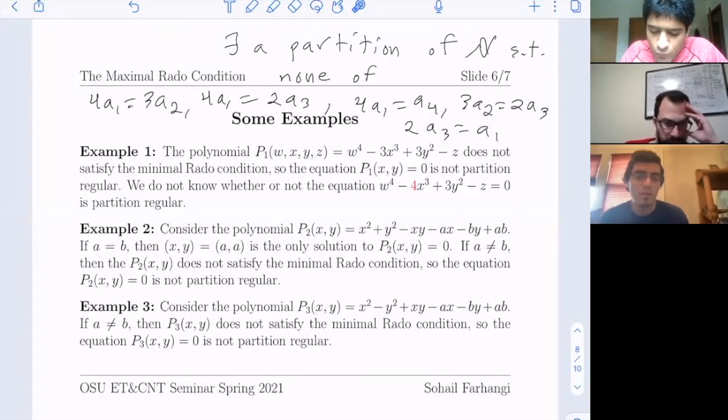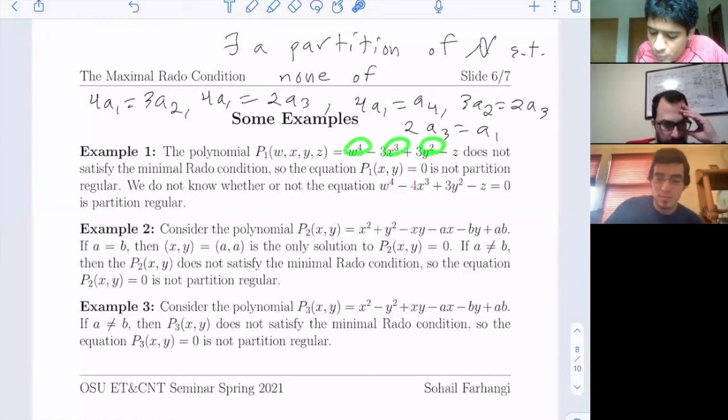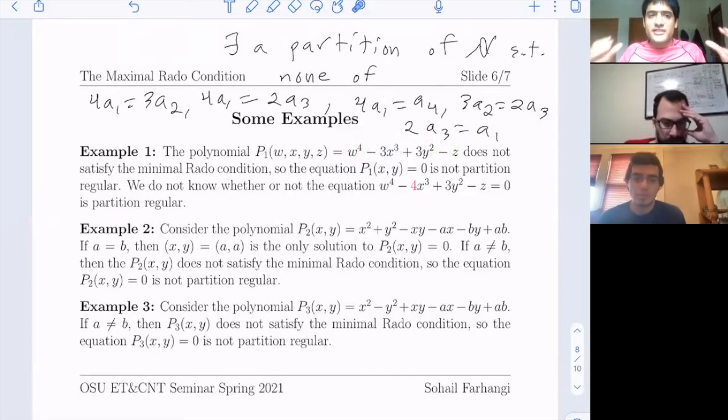I'm not going to go through the technical definition of Rado functionals again, but basically we want to know when we could apply a functional to these elements of the support, these exponents, and obtain the same value. If you obtain the same value, then you lump both of those terms together.